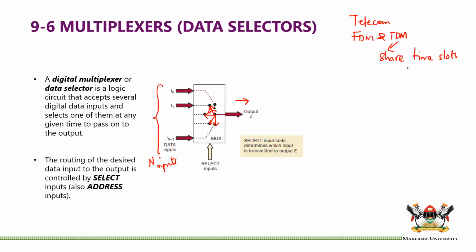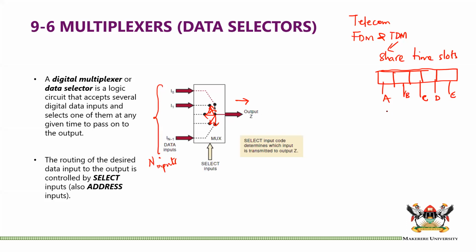So you can get one channel and divide it into maybe, in GSM they divide this into 8 time slots. So it means that within one channel 8 people can use that channel. Each person is given a small time slot in which to transmit their information. And so this is person A, person B, person C, person D, person E. In the case of GSM it would be 8.